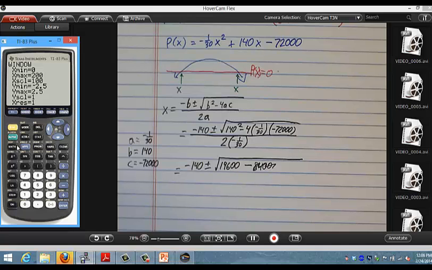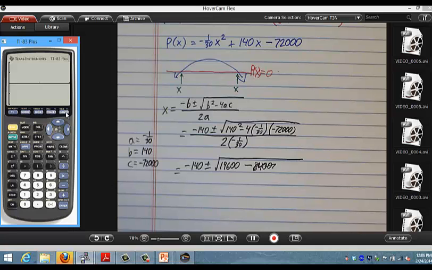So why don't I say negative 1,000 and positive 1,000. And I'll put a mark every 500. And I'll hit graph.